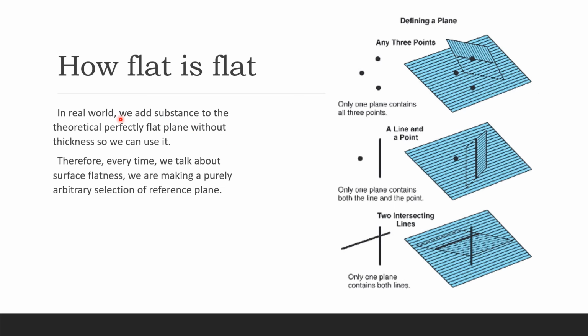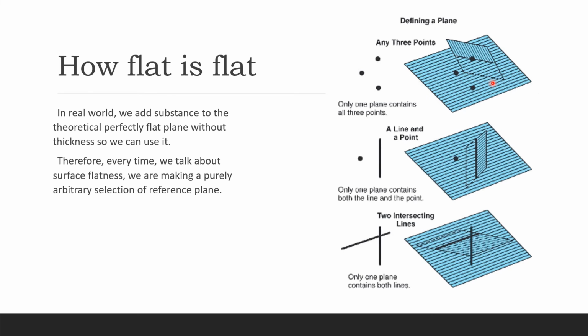So if we want to make the theoretically perfectly flat plane in reality, we're going to bring from the none or absence of, again, the minus going to infinity. That is the absence of the physical thing, okay? So now we're going to come back to our world, the presence of the physical things that you can perceive. So that is what we're doing every time we make or generate the surface plane, our reference plane.